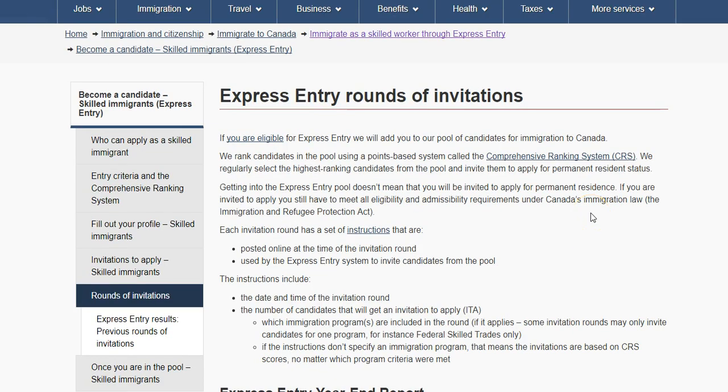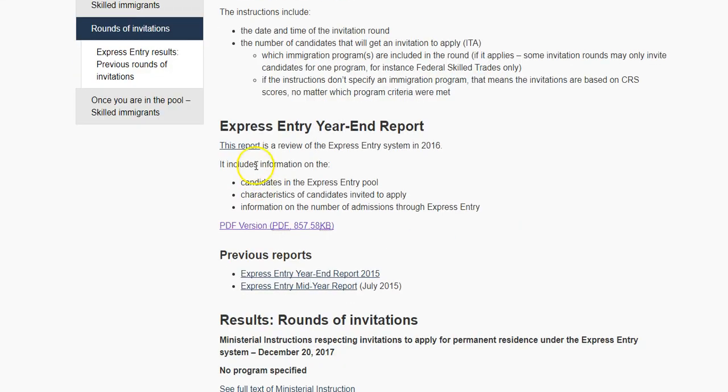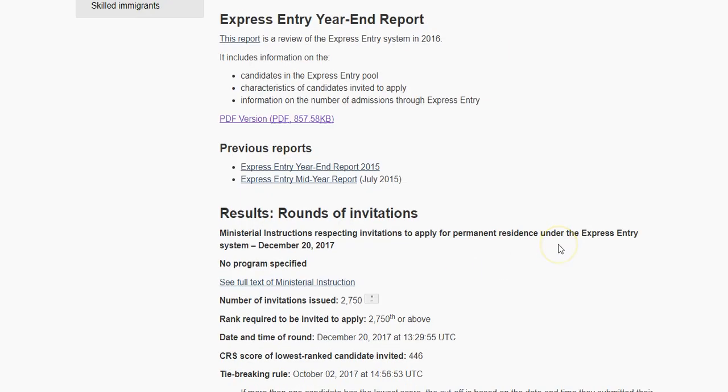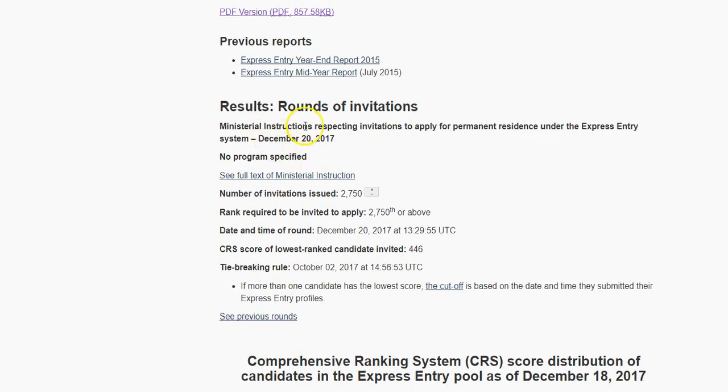On this page, you can see here, it's gonna basically mention several reports for previous years. And here in the resource, it's gonna specify the last round of invitations that have been provided by CIC. So here I can see that the last one was in December 2017.